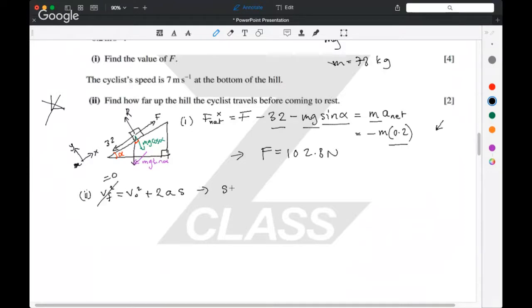And you get that the distance is equal to 122.5 meters. And you see that A will be negative. So we'll just write it out: S is equal to minus V naught squared over 2A, which is minus 7 squared over minus 0.4.